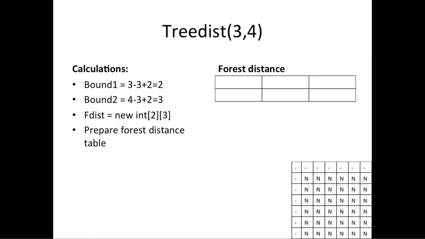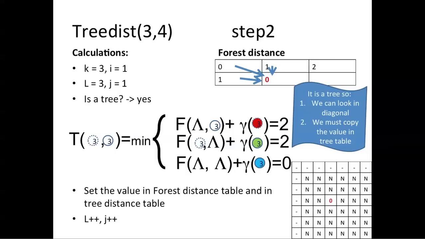And now we try to calculate the tree distance between the subtree with the root node 3 and 4 because they are the first ones on the list. And because the trees only have one node, it seems very simple.